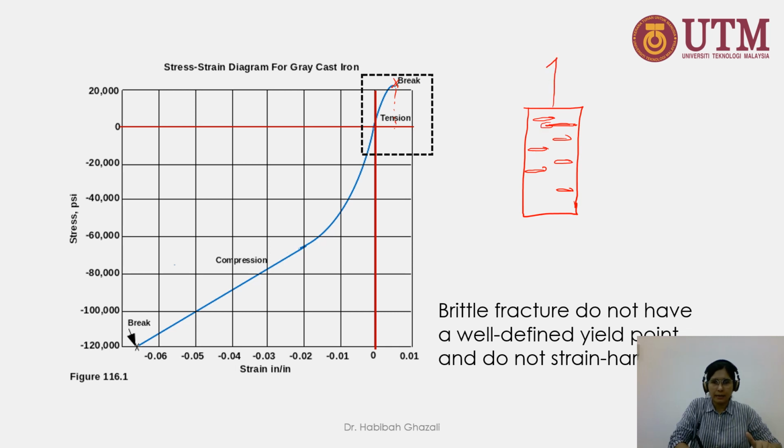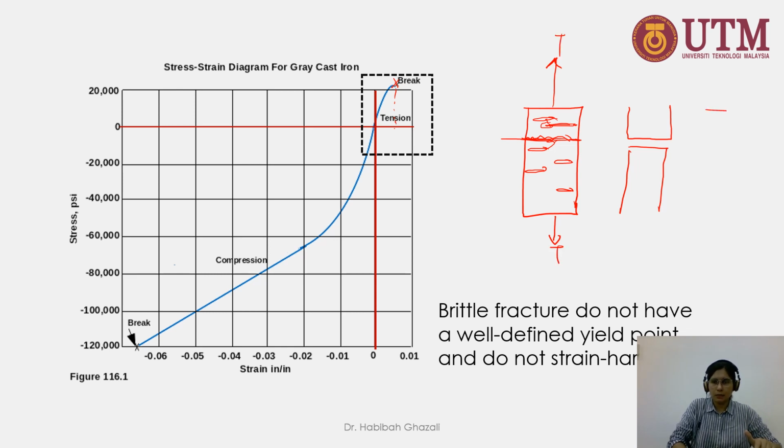When we apply an axial tension load, all these volume defects are going to interact with each other and propagate straight away. This is why the fracture surface of these materials is flat. The crack propagates rapidly under tension load.